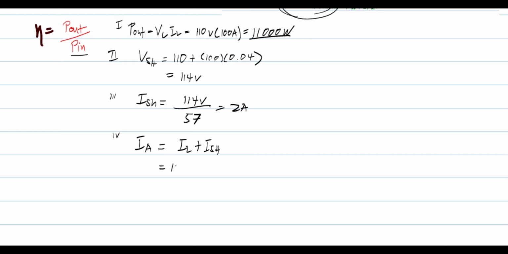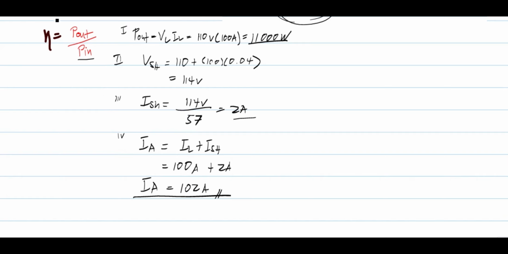It is 100 amps plus the ISH of 2 amps. Therefore, IA is 102 amperes. Now that we have the IA, we can get EG.